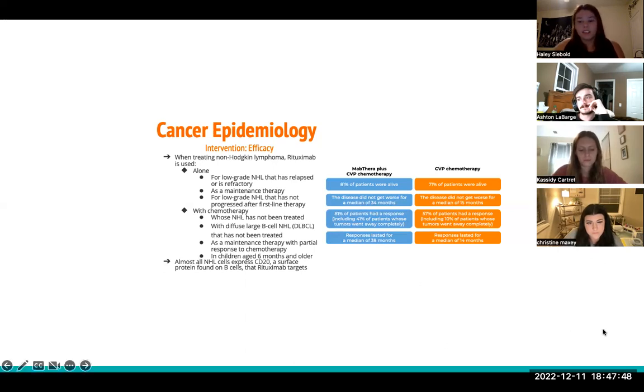In the picture, you can see that with chemotherapy, there was a 70% chance of patients being alive, but that was a 10% increase when having chemotherapy and rituximab, and similar trends followed that.